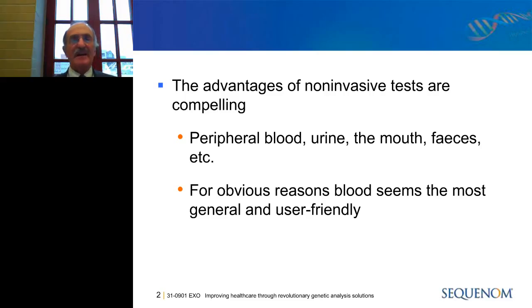So let's think about, in a sample of blood, where might DNA come from? Well, almost all the DNA is inside nucleated blood cells. Once those are set aside, what remains is very, very dilute.